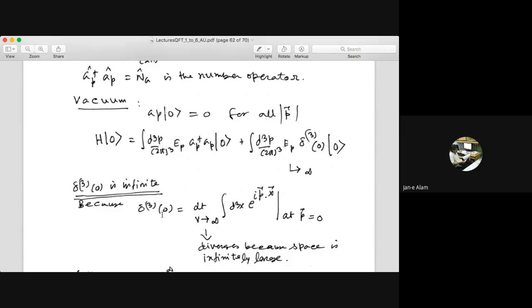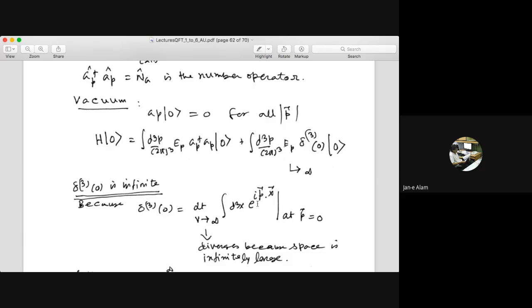By definition, the Dirac delta function is the Fourier transform of unity. So just one is sitting here. I have taken 1, multiplied by e to the i p dot x, and integrated over d cube x. This gives you the Dirac delta function with momentum variable p. Now here you have the argument 0, so I put p equal to 0.